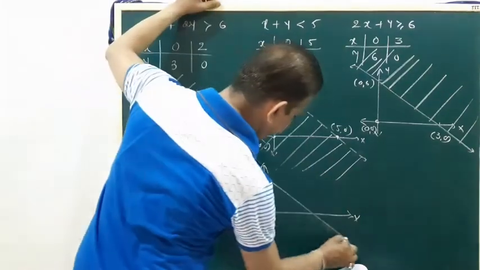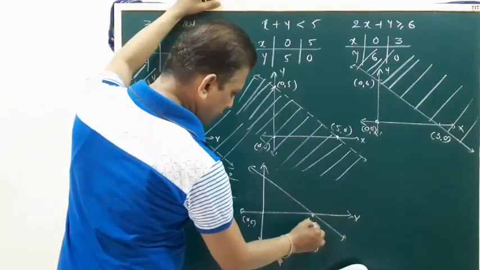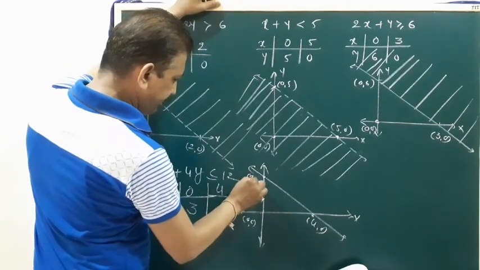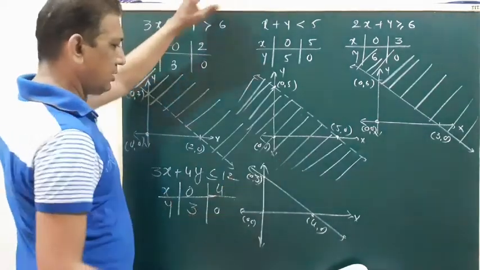First we draw the line: the x coordinate is 4, so write 4, 0 here, and the y coordinate is 3, so write 0, 3 here.